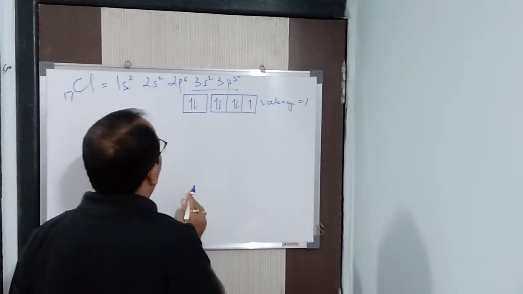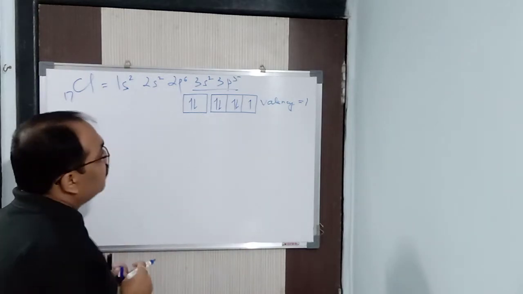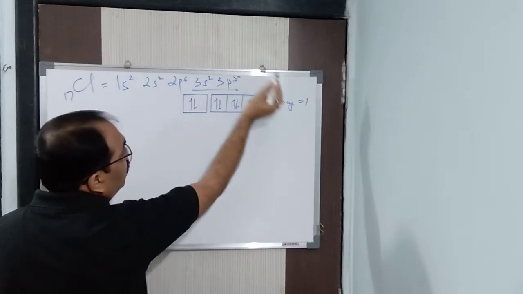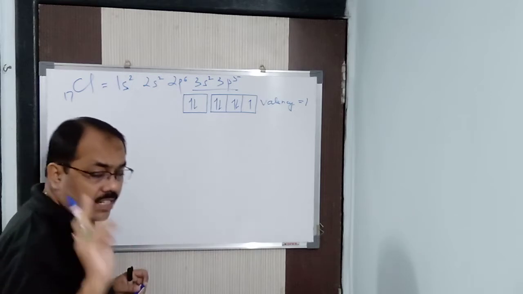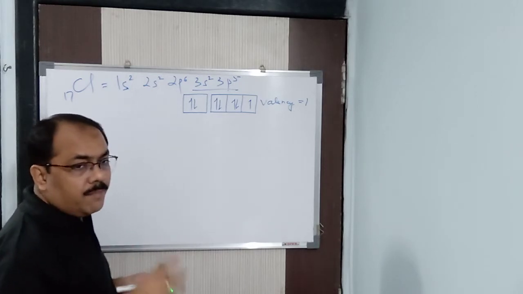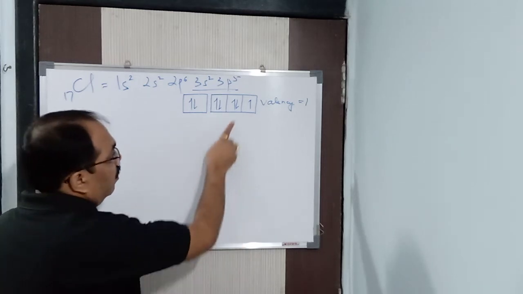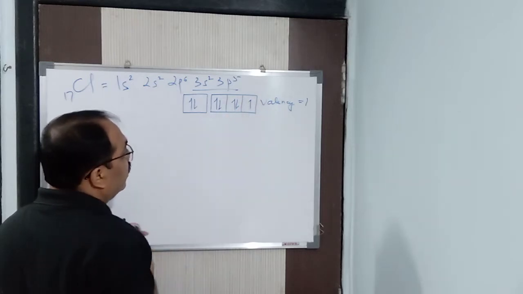So what will happen when I provide energy in the first excited state? An electron is going to gain energy in the p subshell and jump into the nearest d subshell. Got it? In the first excited state, when I provide some energy to the chlorine atom, an electron from the p subshell will jump into the vacant d subshell.